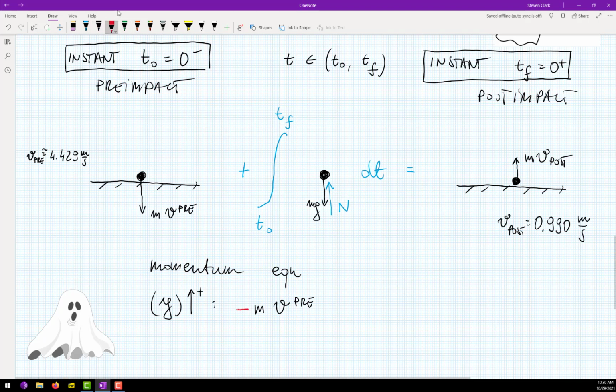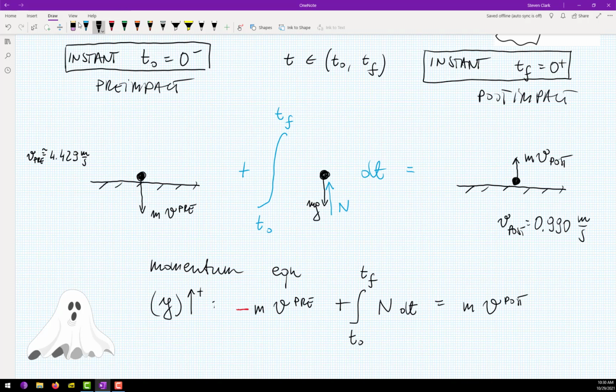Then only n is acting on our particle, because we're going to neglect mg. So we will have the integral from t0 to tf of n dt, and that will be with a plus. And we will end up with m v post.